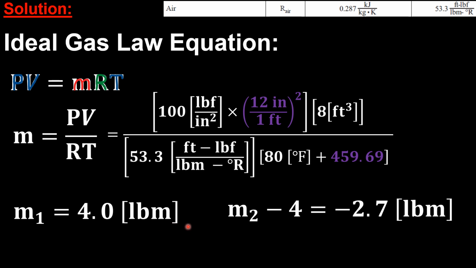Now we can use the equation from the conservation of mass from the previous slide and plug the 4 pound mass in, and that will help us find the mass at state 2. So the mass at state 2 will be 1.3 pound mass.